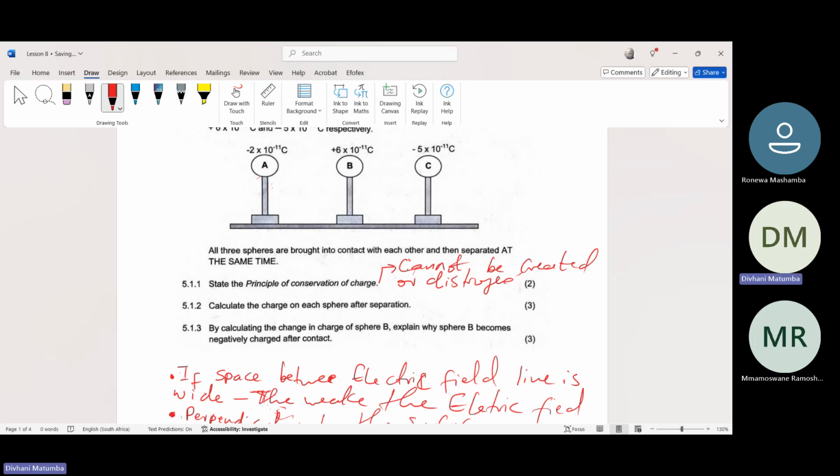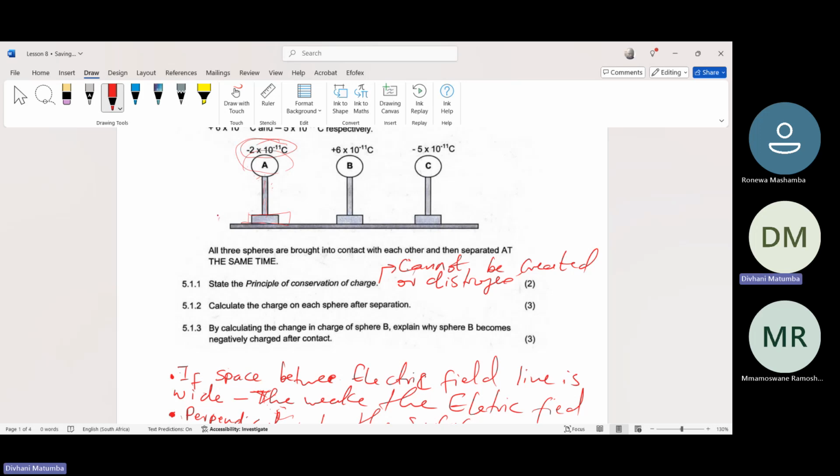Okay, the answer is to not allow the charges to escape from this system. Because if we had a conductor, remember this, the stands are put on the ground, and the ground is usually charged.